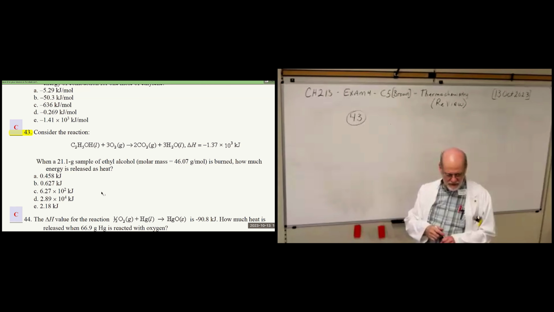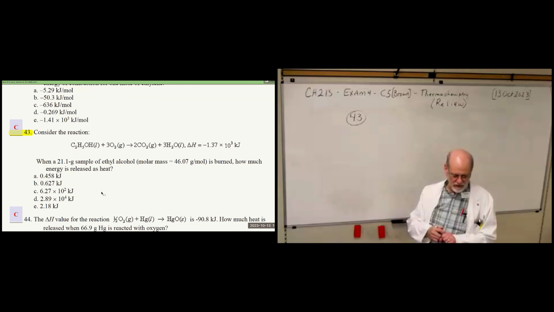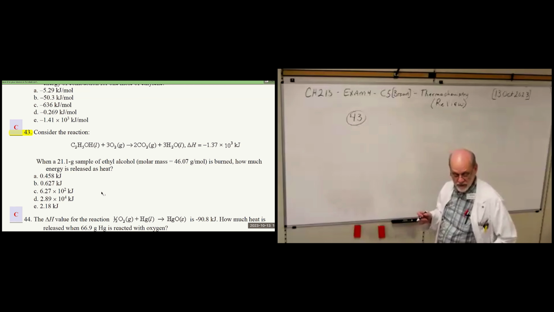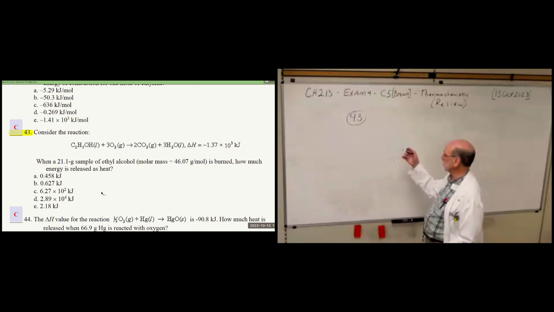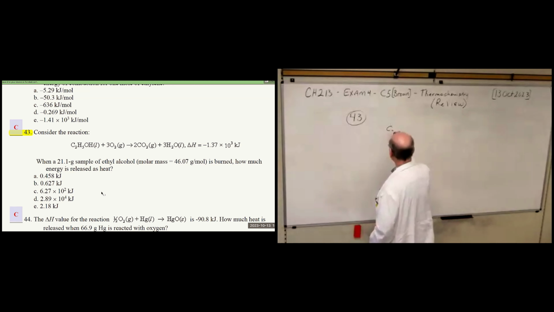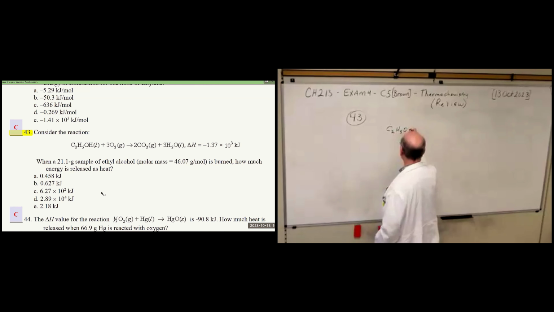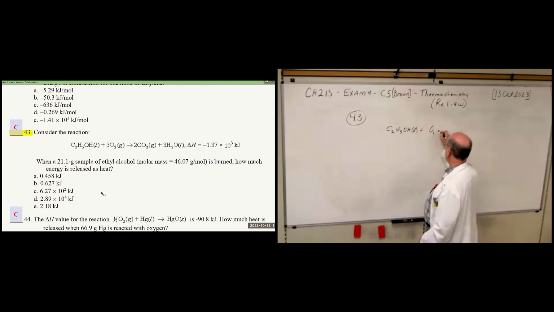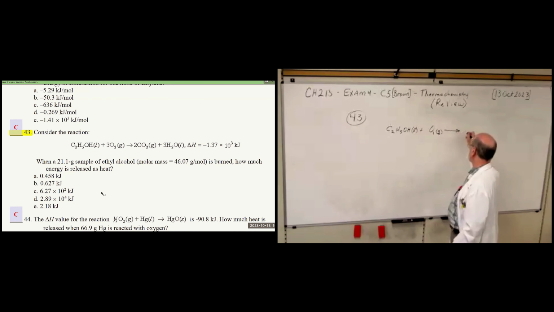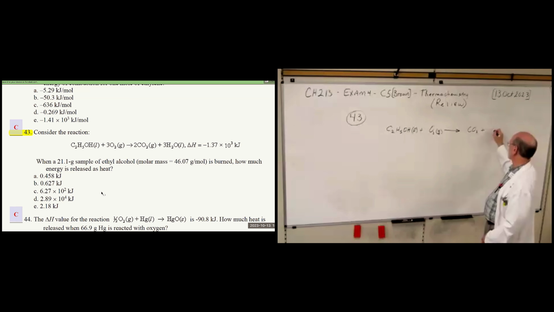Okay, let's see. When a 21.1 gram sample of ethanol is burned, how much energy is released? We're going to have to put the whole equation up here for this one. C2H5OH liquid plus oxygen gas yields carbon dioxide plus water, and delta H equals something.